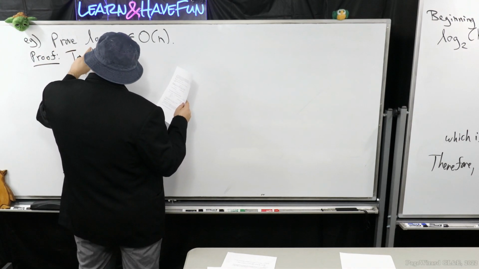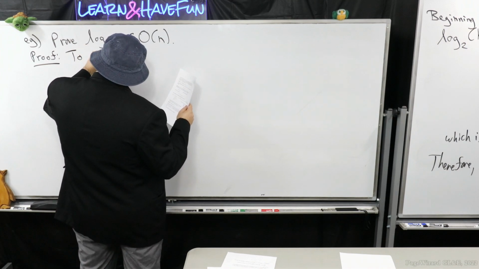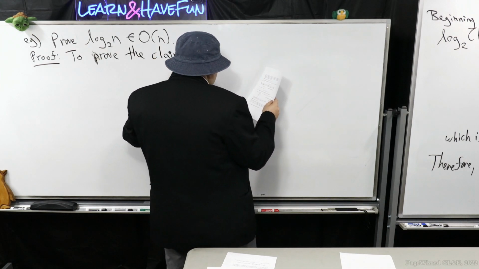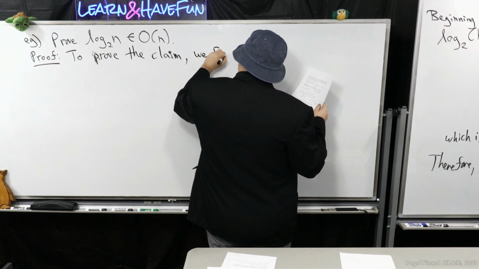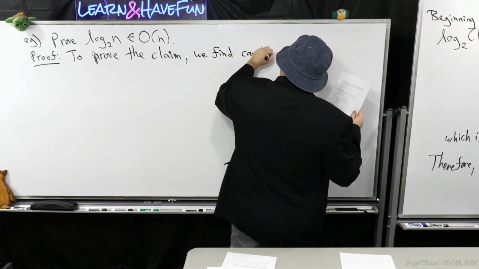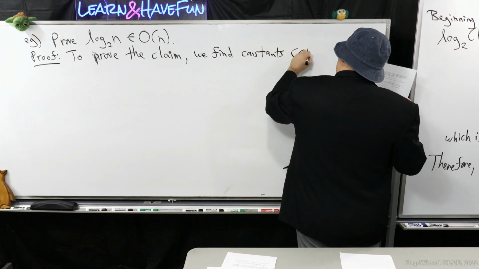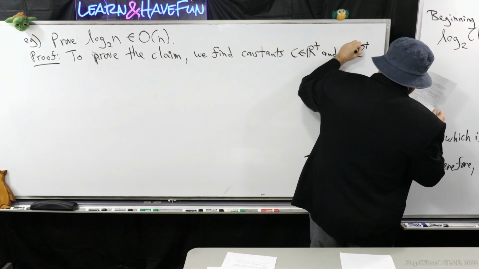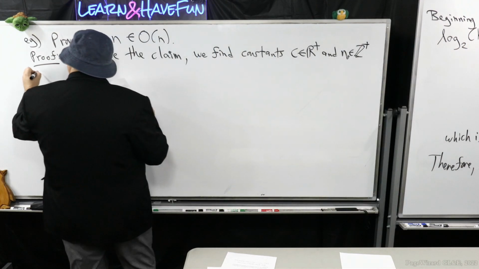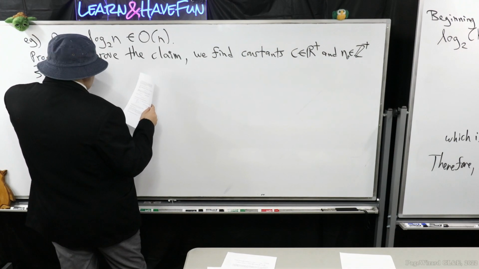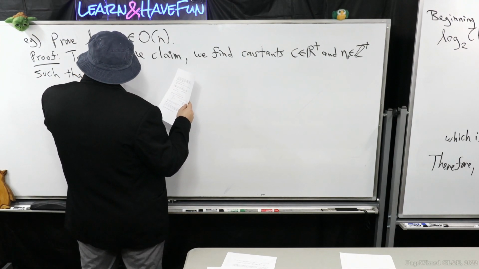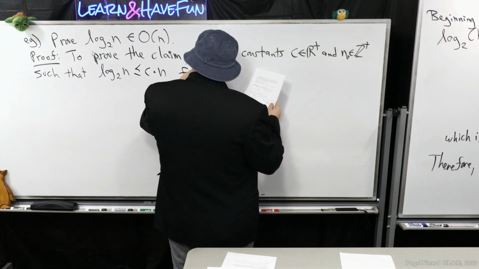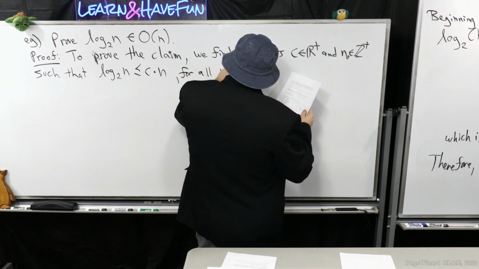To prove the claim, we find constants c, which is a positive real number, and n0, which is a positive integer, such that log base 2 of n is less than or equal to c times n for all n greater or equal to n0.